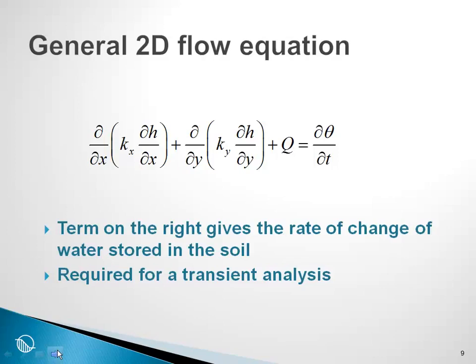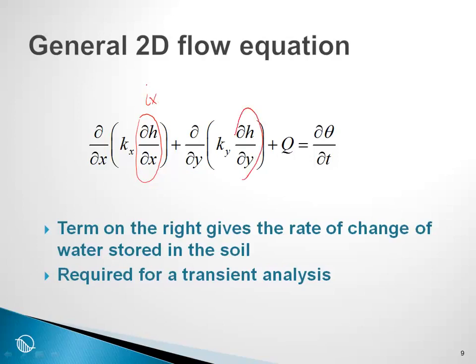Here is the partial differential equation for flow in a domain, and you have likely seen this partial differential equation. It looks rather ominous, but it is actually not that difficult to understand. Fundamentally, change in h over x, here this is the gradient i in the x direction.